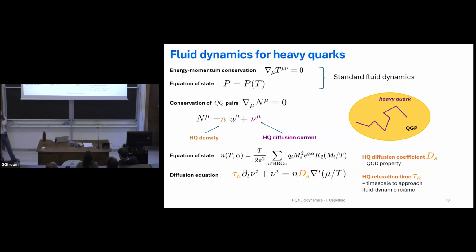And then the evolution of the current is tuned by two transport coefficients. One is the heavy quark spatial diffusion coefficient, D_s, and this is something that we are also phenomenologically interested in because it's really a property of QCD. And the heavy quark relaxation time, tau_n, which tells us basically after which time scale the heavy quarks approach a fully fluid dynamic regime.